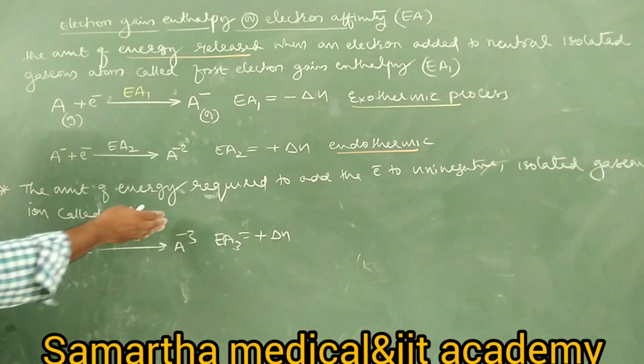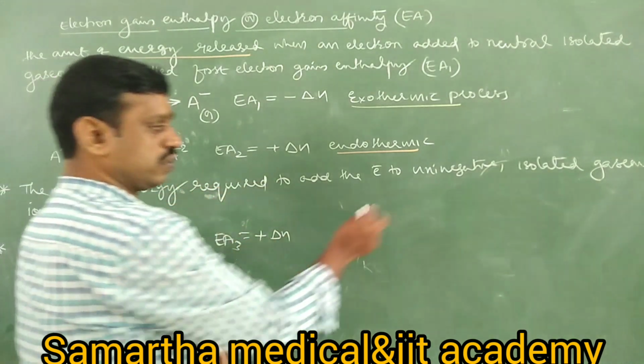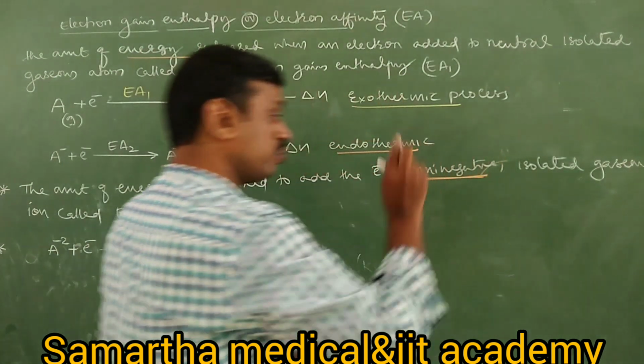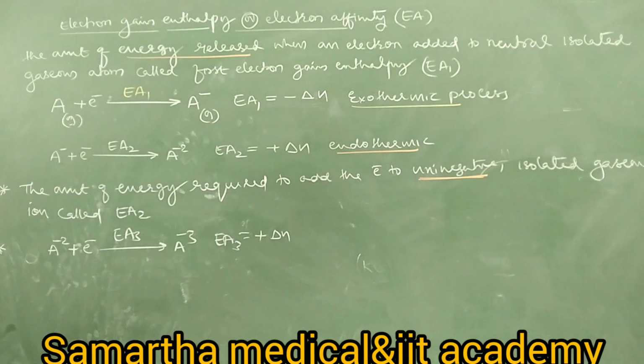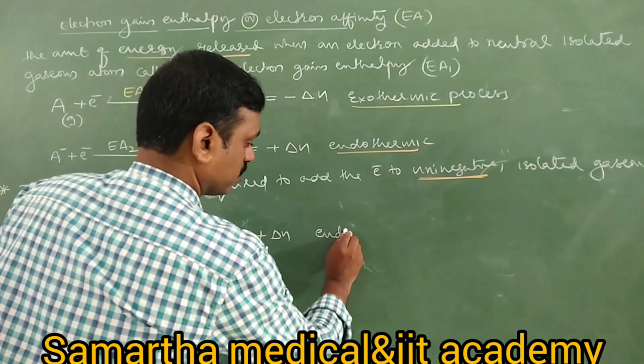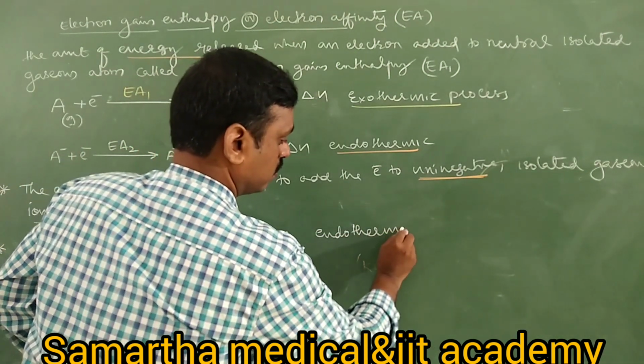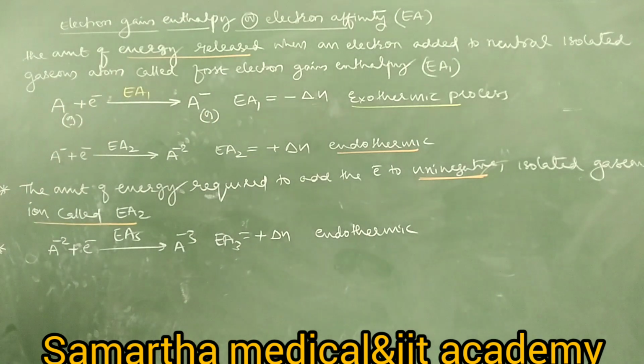The amount of energy required to add an electron to a di-negative isolated gaseous ion is called third electron gain enthalpy. So it is also an endothermic process.